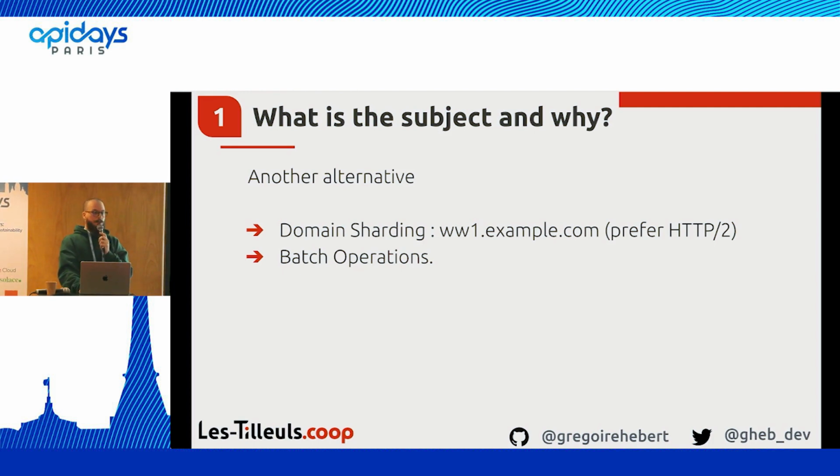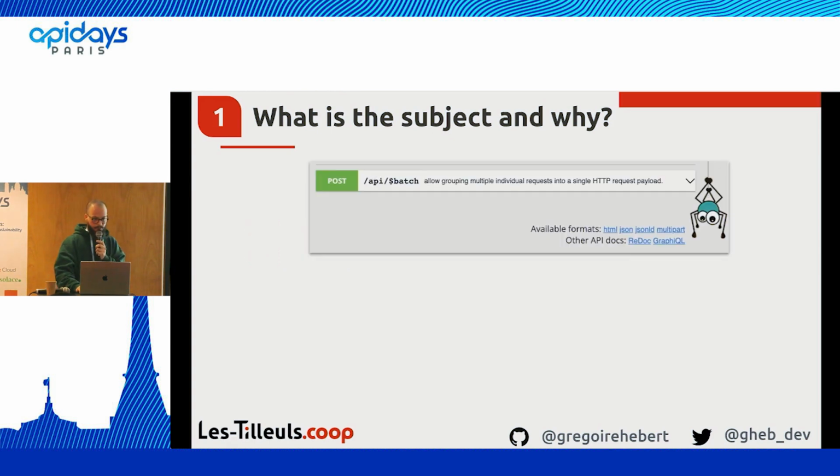And the thing that I'm going to present now are batch operations, which is another way of sending multiple operations at the same time. We are talking about batch requests. Here is the result I want to have on the Swagger UI, an API batch endpoint.